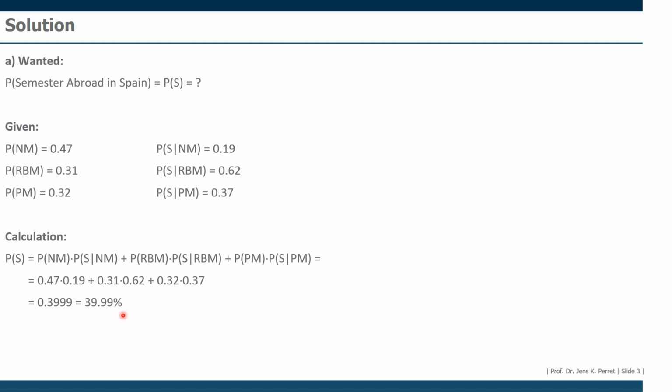If we then take a look at the final result here, 39.99%, that's also a good way to control whether we worked decently well, so whether our result could actually make sense. If the total probability is something like a weighted average of those values, it needs to be between all of these values. Here we have 39.99, so more or less 40%. 40% lies between the smallest and the largest of these values, pretty close to the other one.